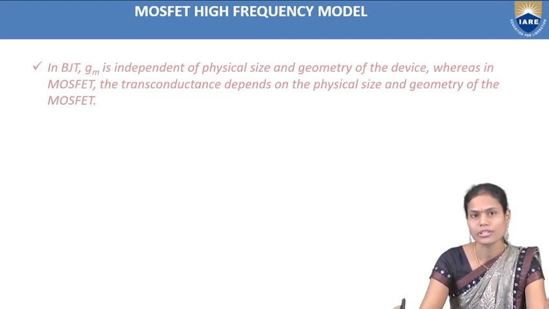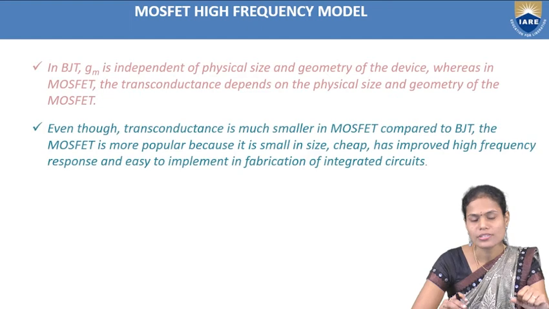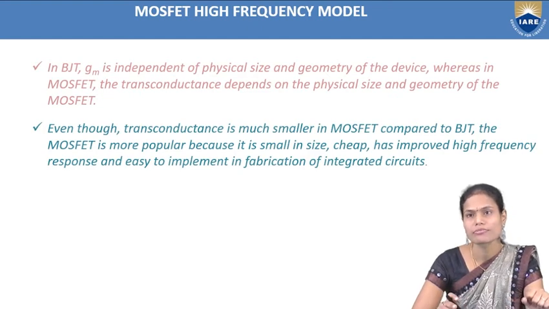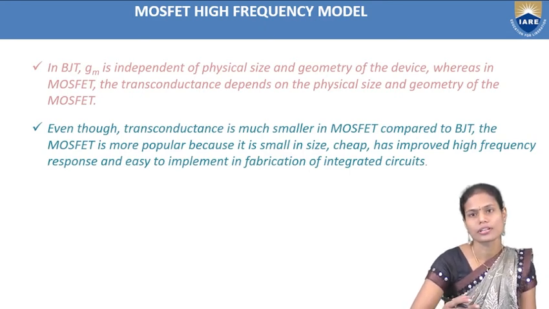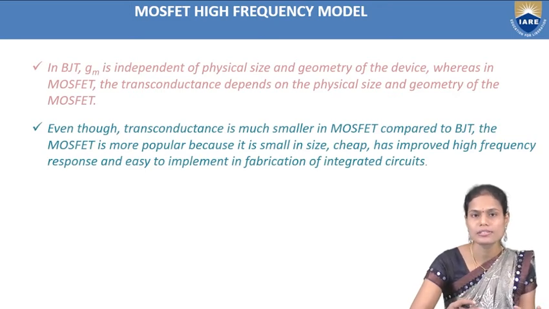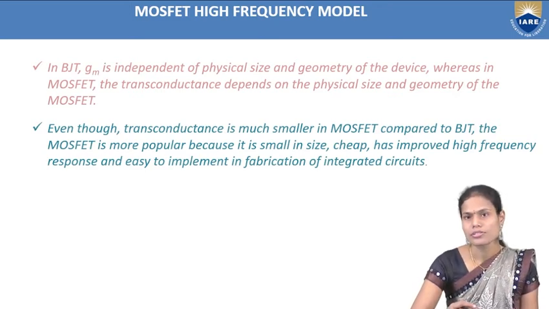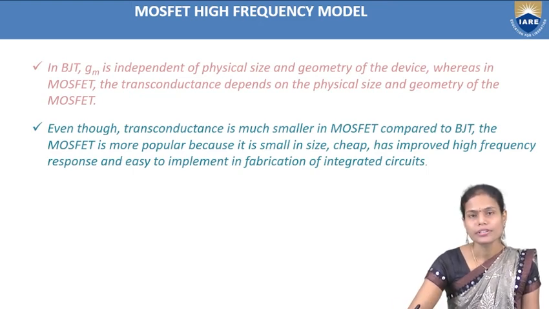So even though the transconductance is very less in the MOSFET compared to the BJT, we are utilizing it in many applications. Why? Because even though it has small transconductance, it has very small size, the cost is also very low, and it provides a better high frequency response compared to the BJT amplifiers. And we can easily implement the MOSFET in integrated circuits.